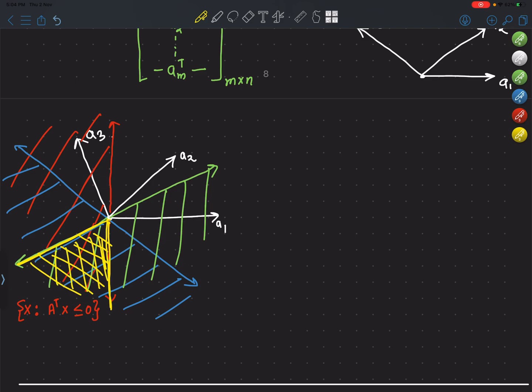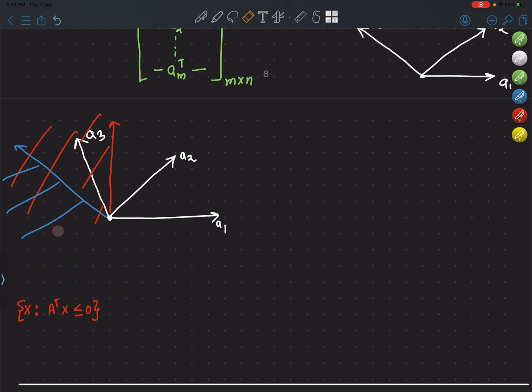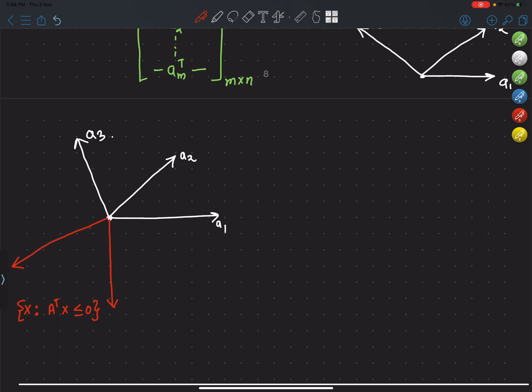Let us rub out all the extra stuff and only represent this yellow part. So all the vectors lying here lie in the set of x with A transpose x less than or equal to 0.